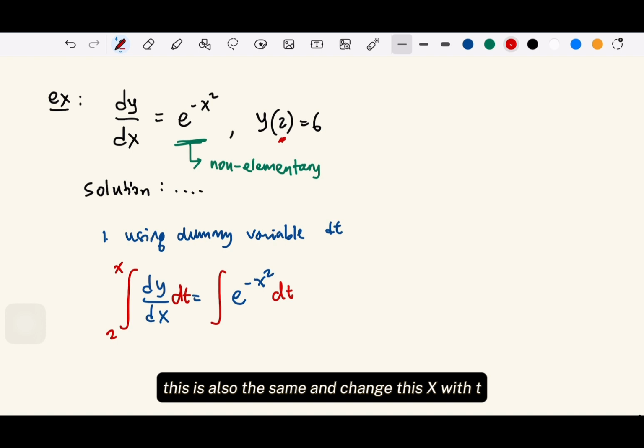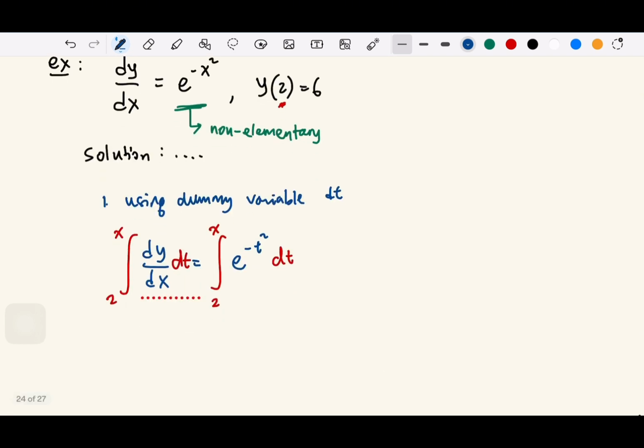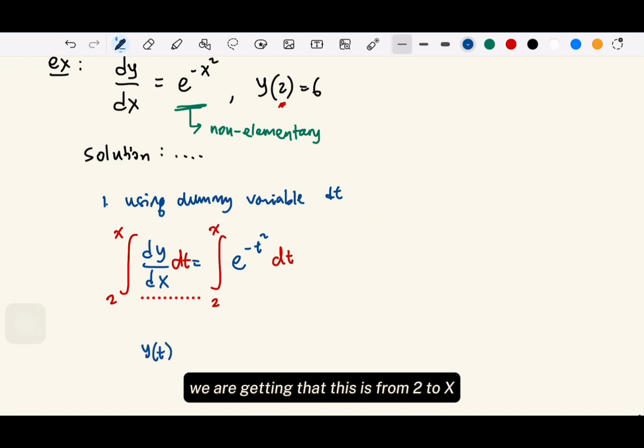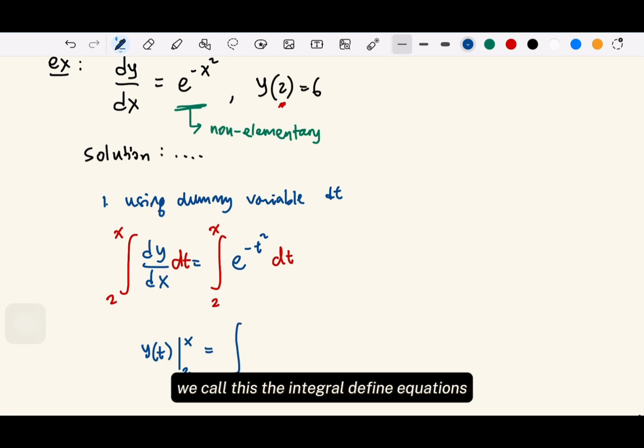This is also the same, and change this x with t. By doing so, this is from 2 to x, and then for the right side we just write it as it is. We call this the integral defined equation.